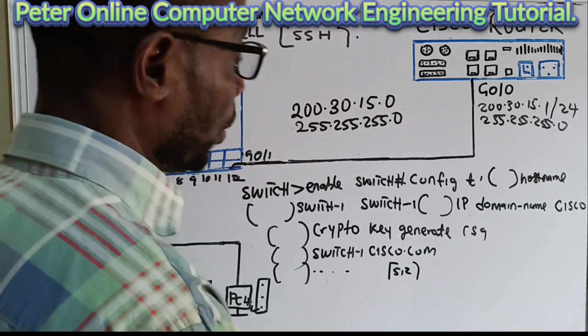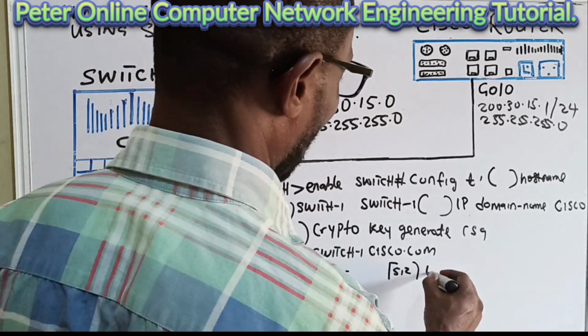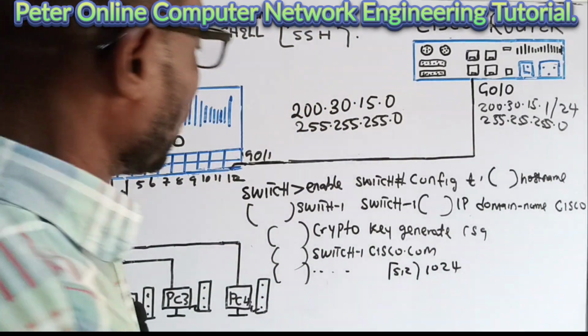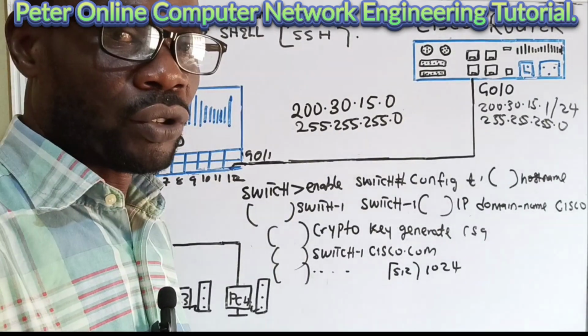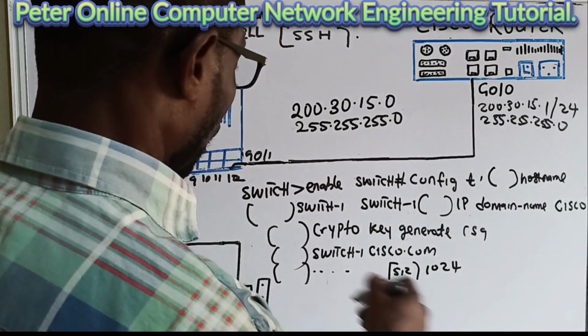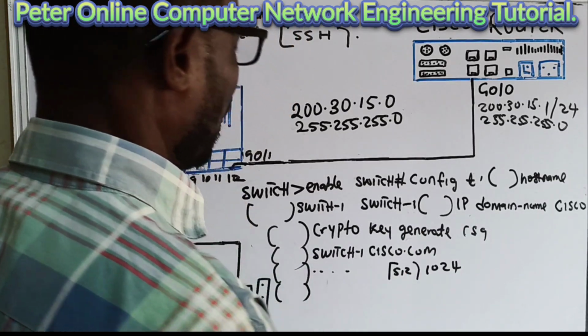Just put either 2048 or, let's say, 1024 here. You hit enter. This is what makes SSH so powerful and more secure. So you select this and hit enter.